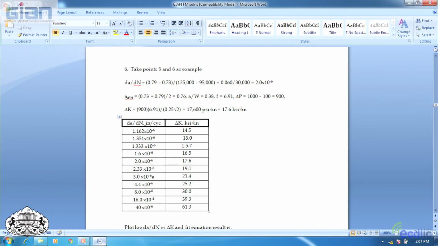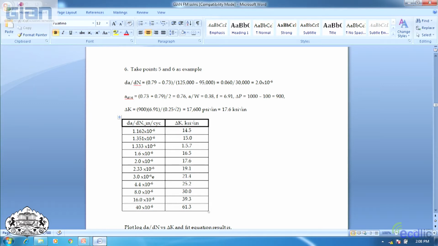Again, a very short crack to start. This is the F factor. The delta P gives the delta K. It is from 100 to 1,000, or 900.